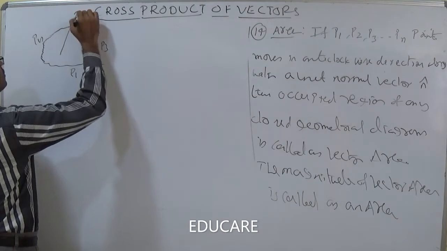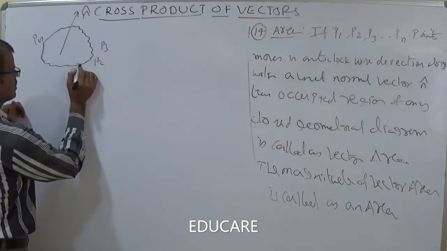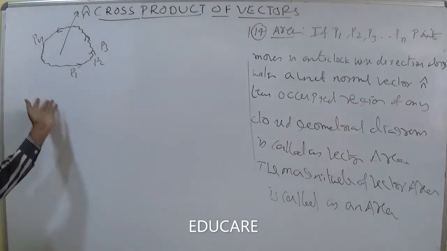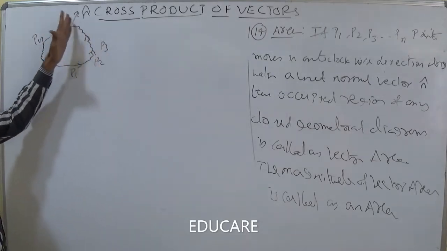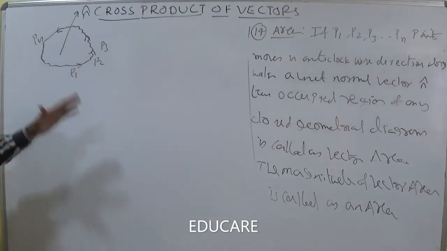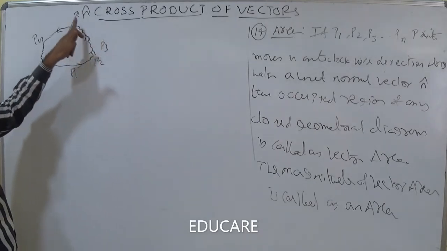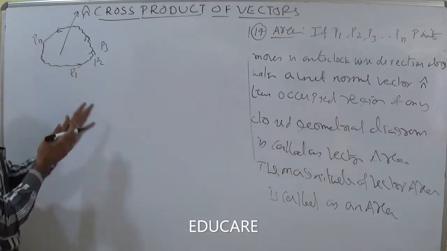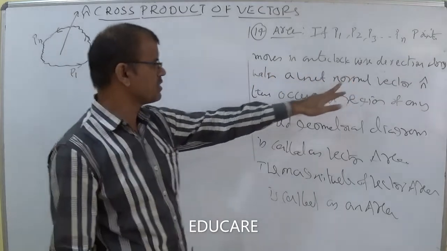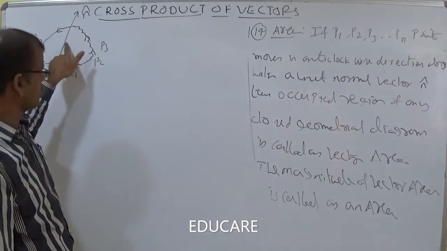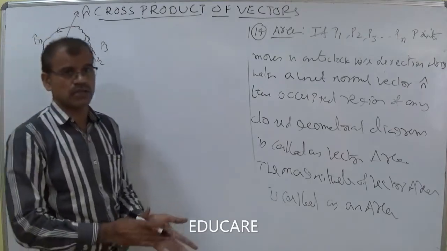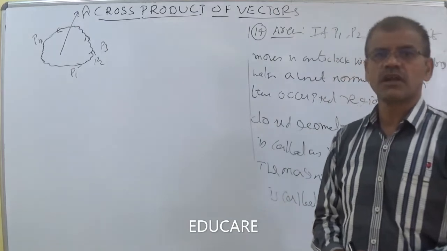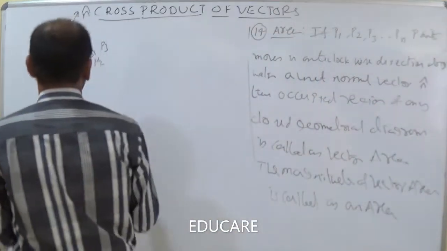P1 goes like this, and at last the point reaches where it started, so it is a closed figure. If the points P1, P2, P3 move in the anti-clockwise direction along with the unit normal vector, then the occupied region of the closed geometrical diagram is called the vector area.